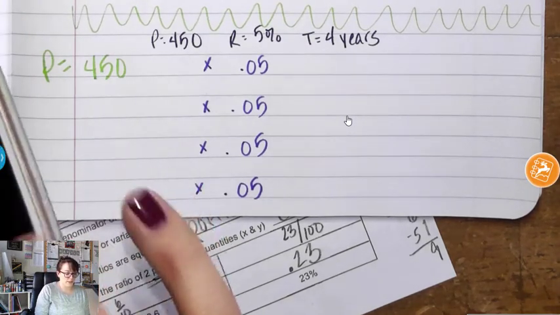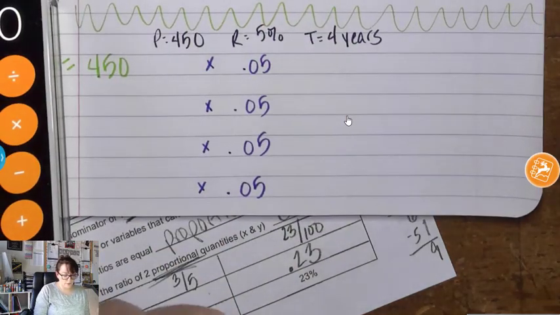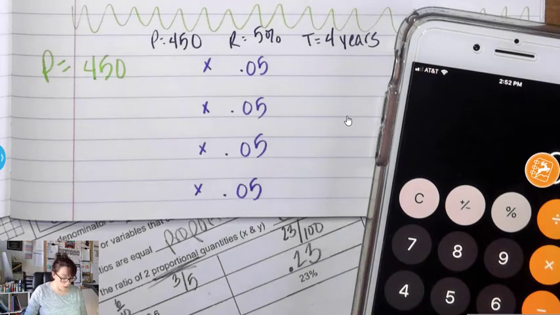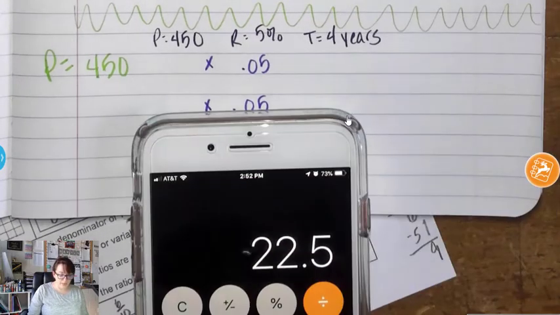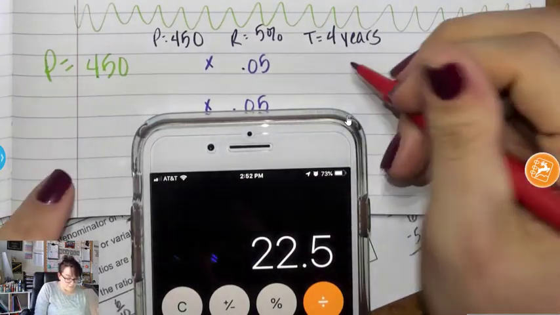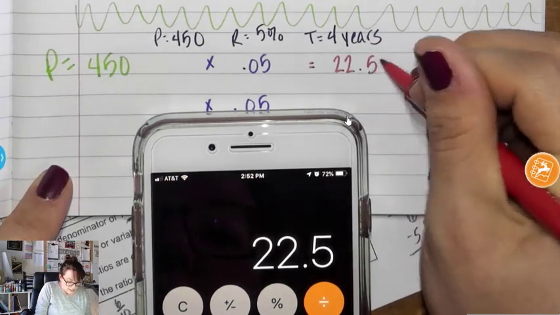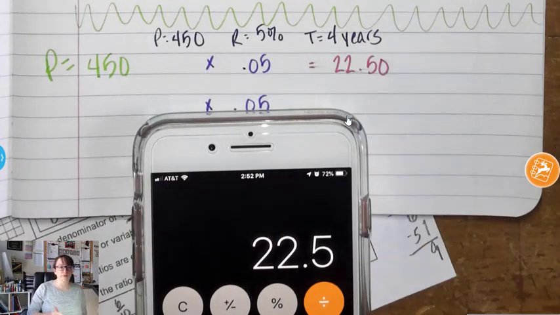Now, again, I'm going to use a calculator because of space and time. 450 times 0.05 is $22.50. What that means is that after 1 year, he got $22.50 from the bank. This is year 1, $22.50.